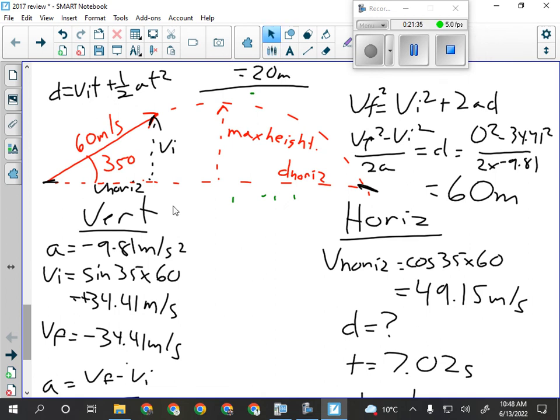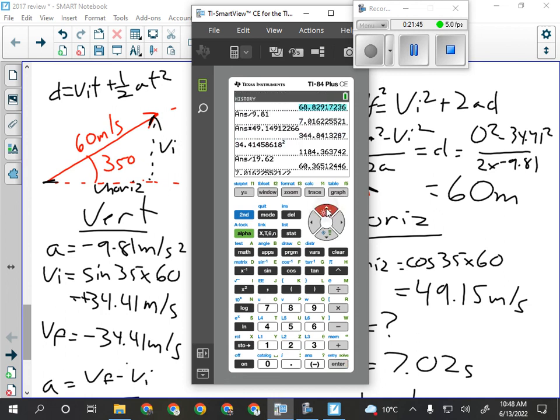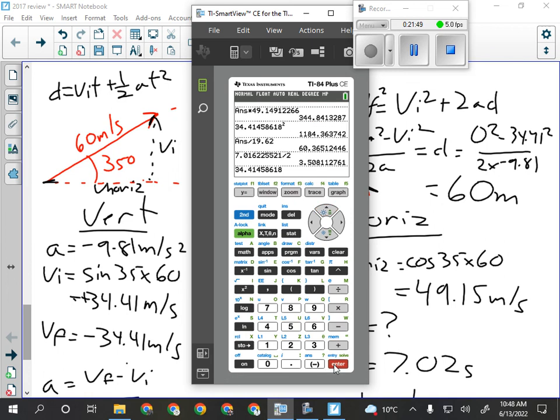So if I do this, I'll have my 34.4 and my time, which was that number there. So I'm going to take that number and divide it by 2, and then multiply it by that number. Then I'm going to add to that 0.5 times negative 9.81.